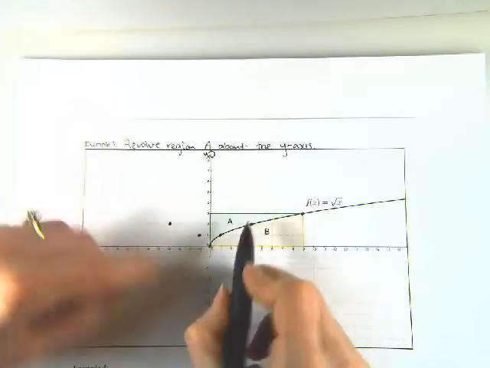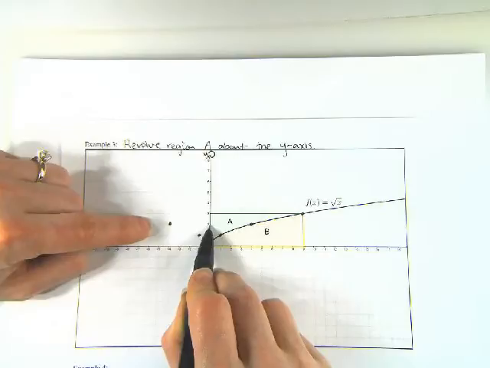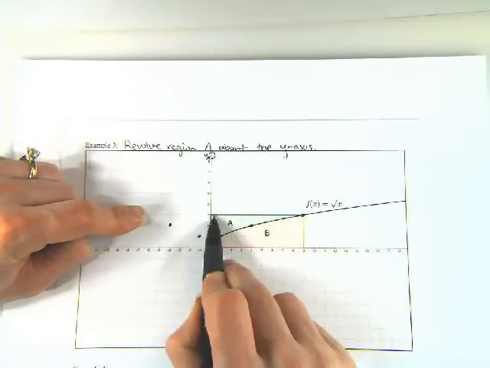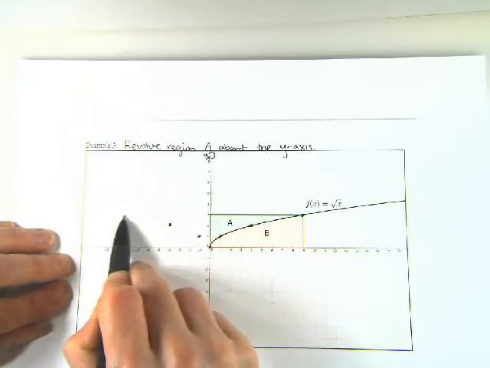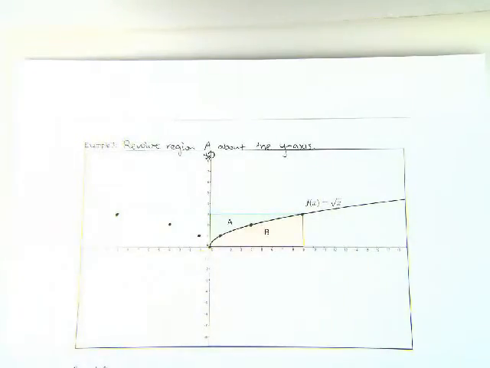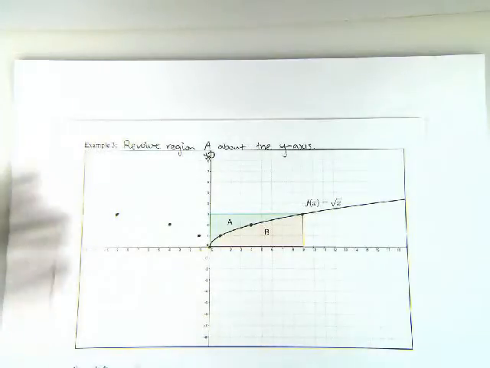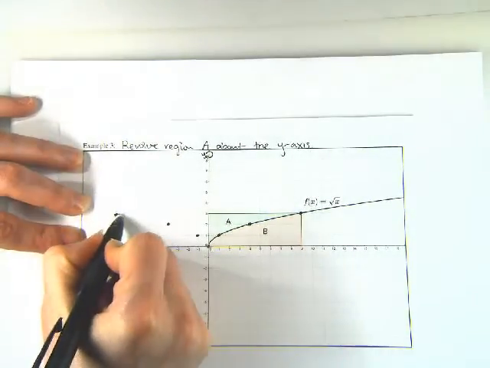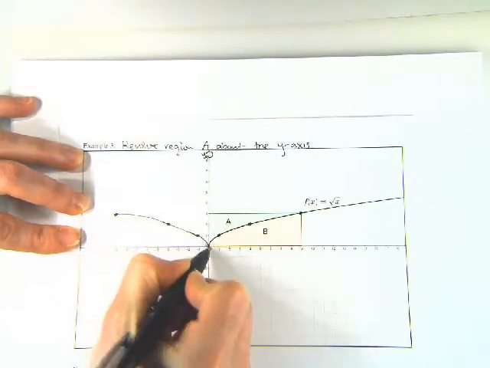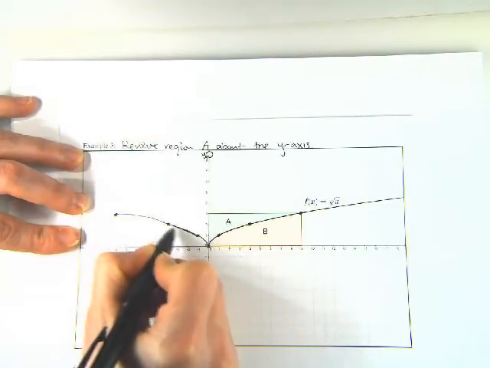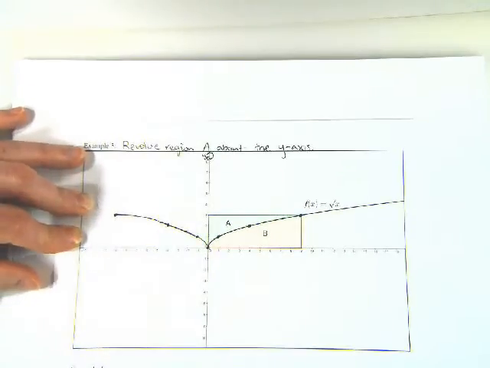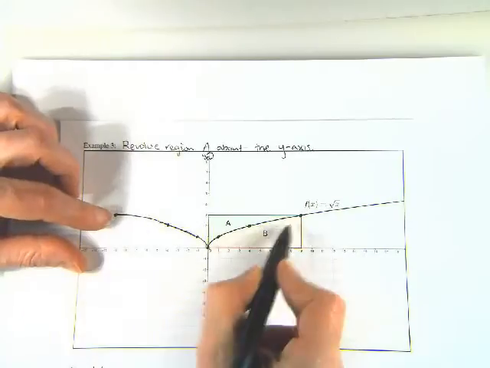So you're basically going the same distance from the y-axis, just on the other side. This has a distance of 9, so I'm going to go a distance of 9 in the opposite direction, putting it there. Okay, and then filling in the curve part. Okay, and then we'll make it look 3D by connecting these 2 points.